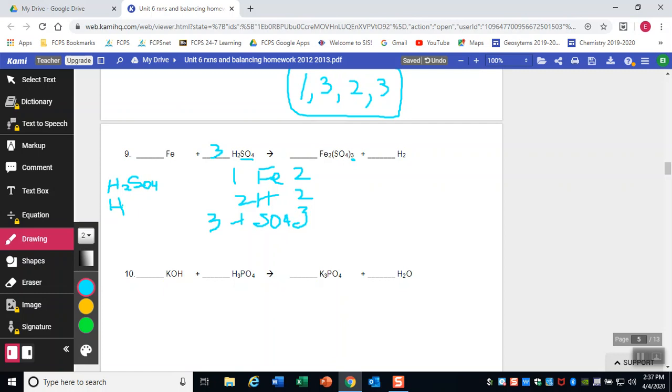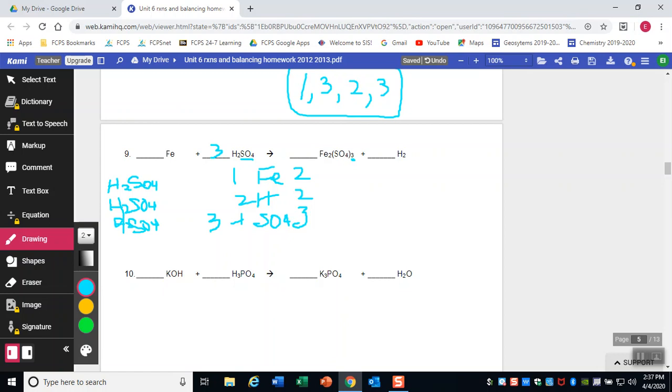That means I have 3 moles of that. It's hard to write fast. But anyway, you see there's 1, 2, 3 sulfates. Okay.